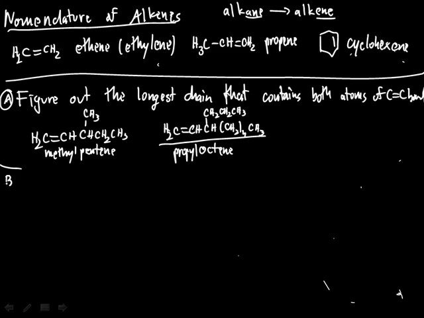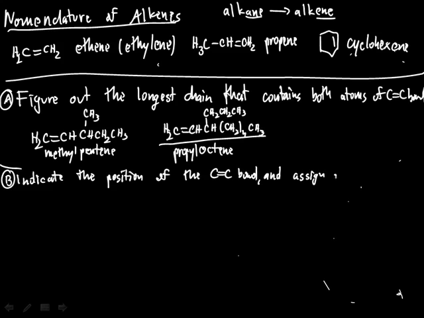Okay? So this is the first important difference. The second rule is that we indicate the position of the double bond and assign it the lowest possible number. Let's look at an example of this in a minute.